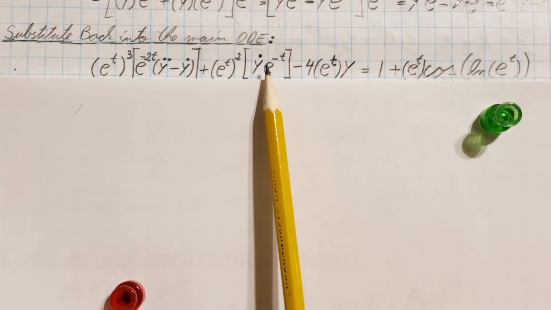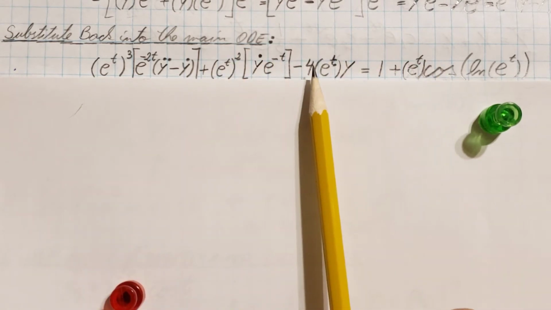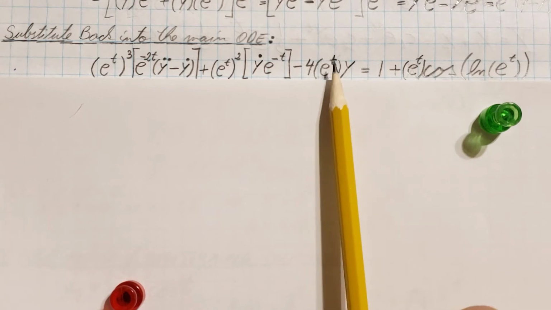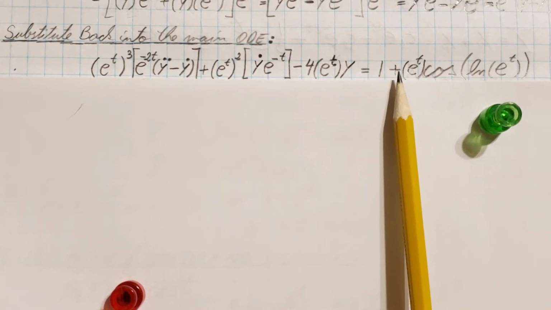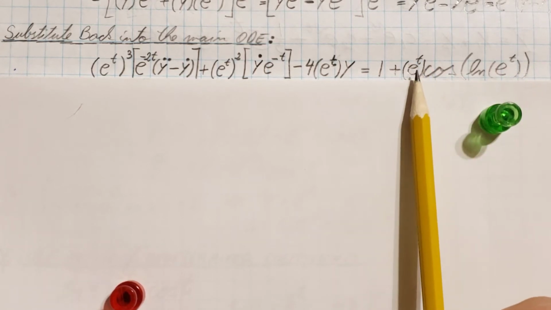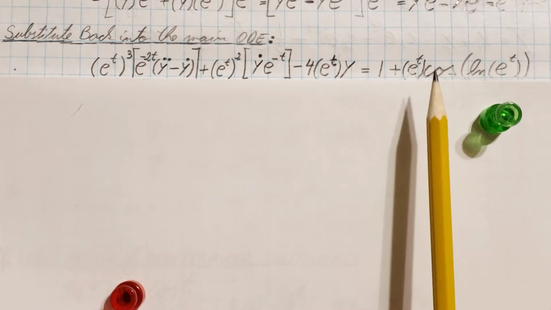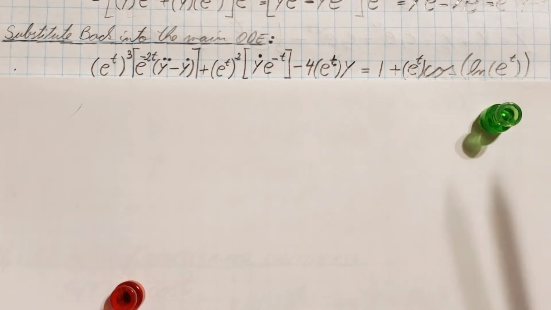This is my y prime plugged in from what we found, minus 4xy, sub out our x, equals 1 plus, on this side too, get rid of the x's. So this was x, plug in e to the t, cosine ln of e to the t, because we had an x there. Let's go ahead and simplify.